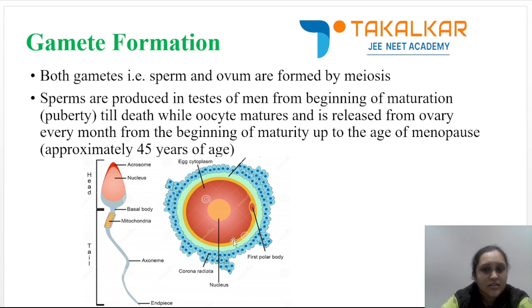While oocytes are produced once the fetus sex determination occurs, they mature only during puberty at the period of menarche, and it stops at the age of menopause, approximately at the age of 45 to 50.